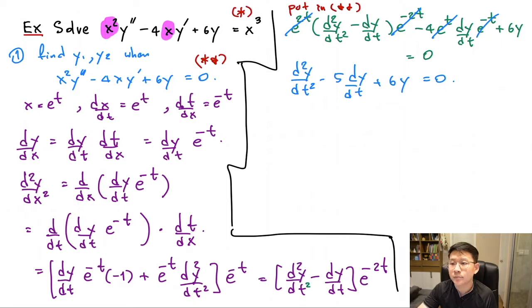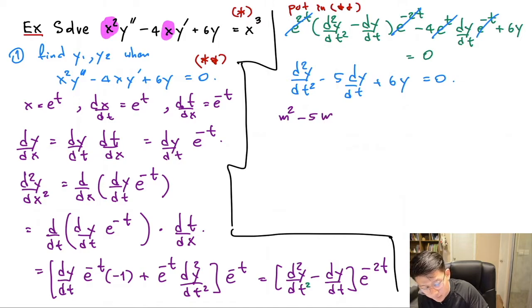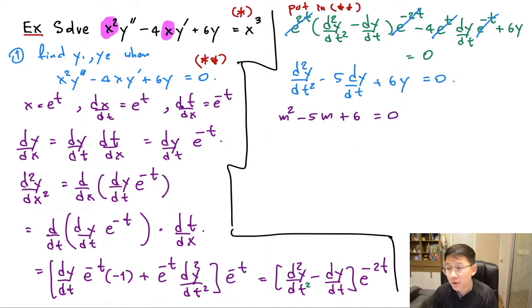We can have the characteristic equation, which is m squared minus 5m plus 6 equals 0.